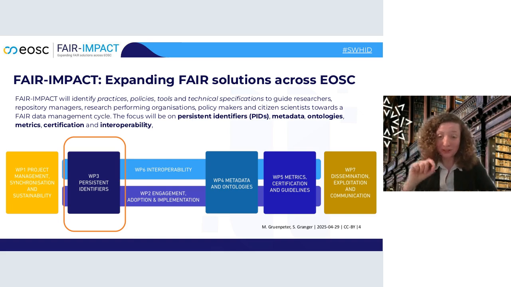This specific topic of identification and software identification with the SWHID is part of what we call Work Package 3 for the persistent identifiers. And we have many activities done in other work packages and have a lot of extensions to what already existed in the open science ecosystem.